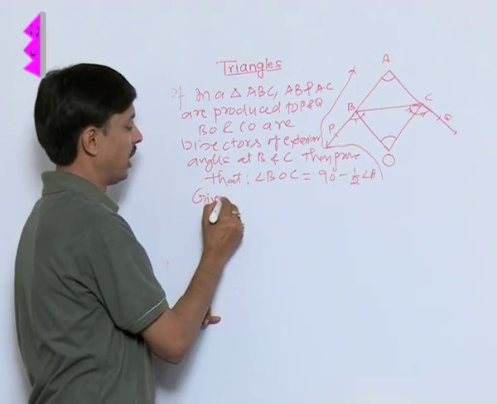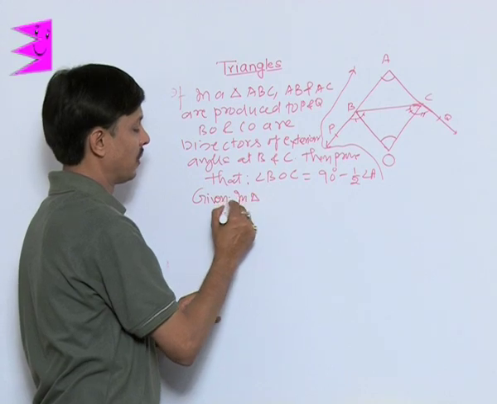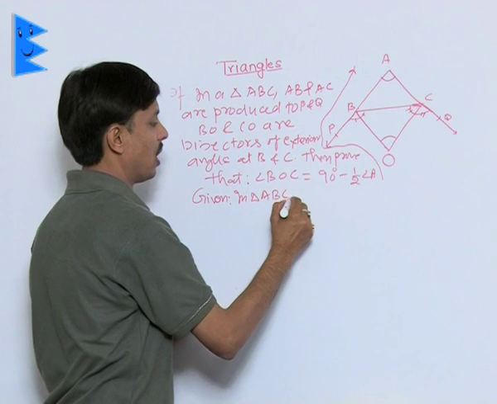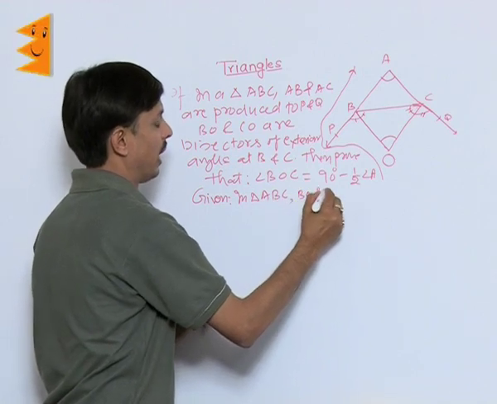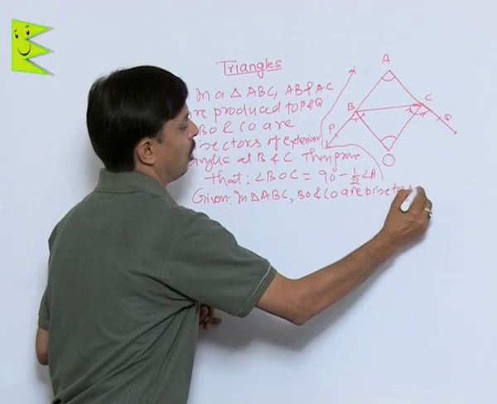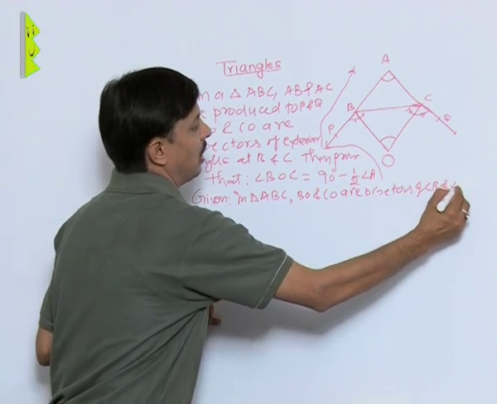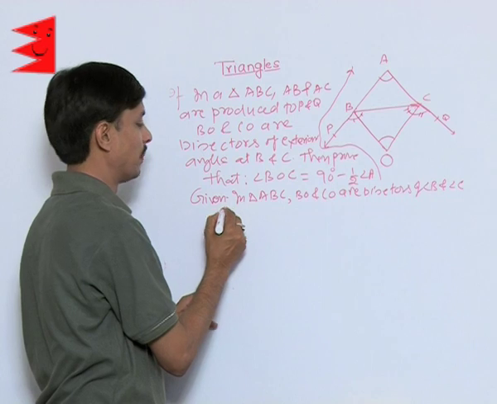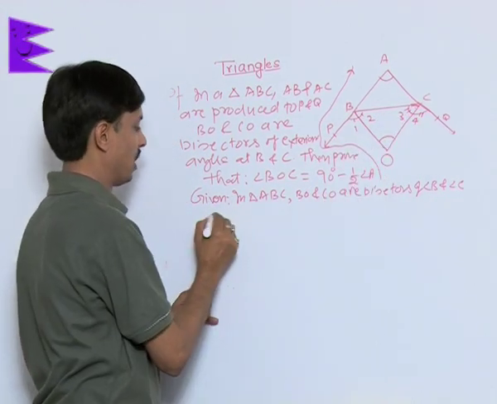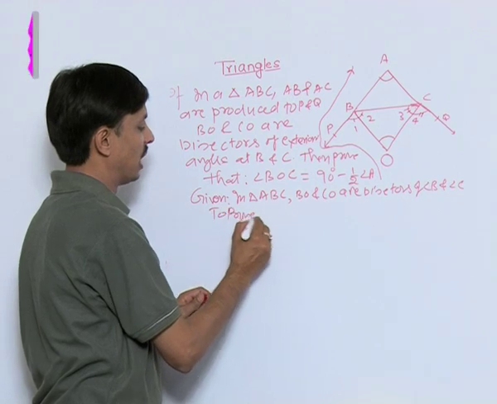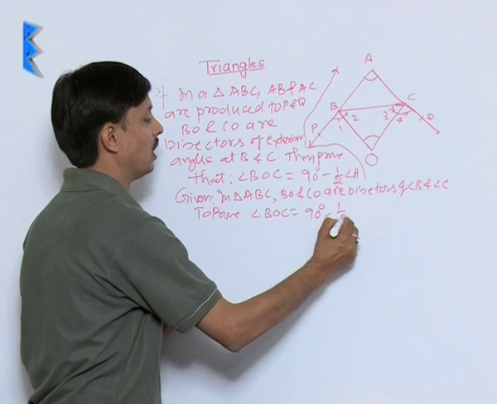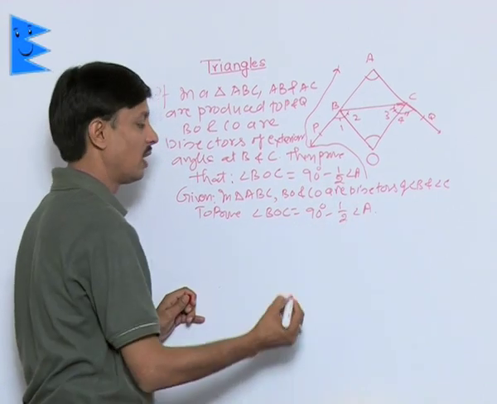Given is, in triangle ABC, BO and CO are bisectors of the exterior angles at B and C respectively, that is angle 1 is equal to 2, 3 is equal to 4. What we need to prove is that angle BOC is equal to 90 degree minus half of angle A.